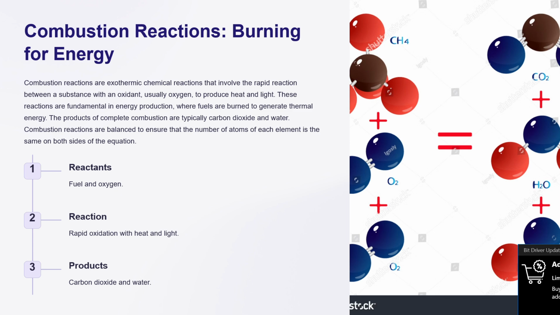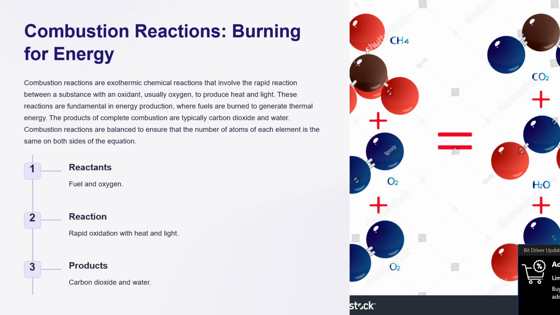The products of a complete combustion are typically carbon dioxide and water. Combustion reactions are balanced to ensure the number of atoms of each element is the same on both sides of the equation. So the first step is the reactants, wherein the reactants are the fuel and oxygen, based on the definition.